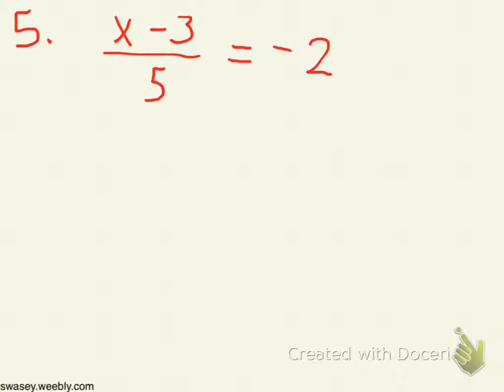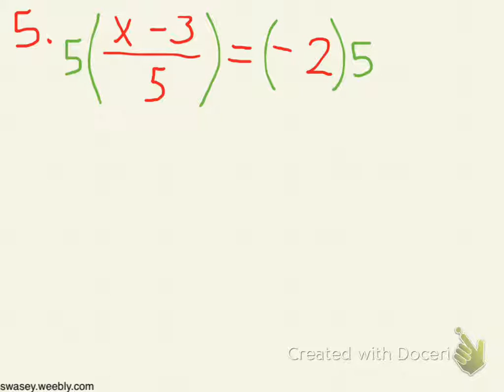So on all the other ones, we were getting rid of addition or subtraction first. This one's a little different because everything on the left side of the equation is being divided by 5. So in this case, where we have a long fraction bar, we're going to get rid of that division by 5 first by multiplying both sides by 5.